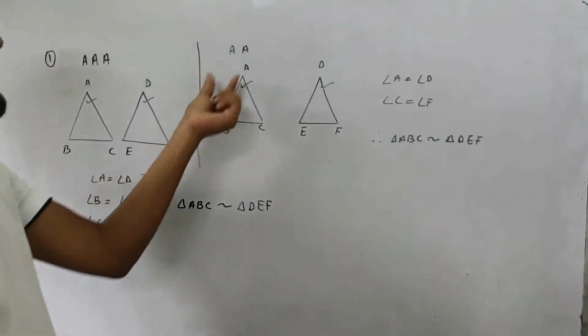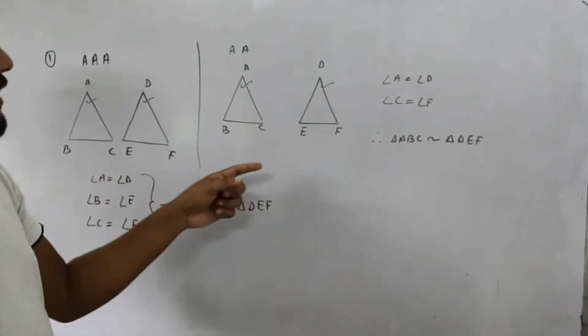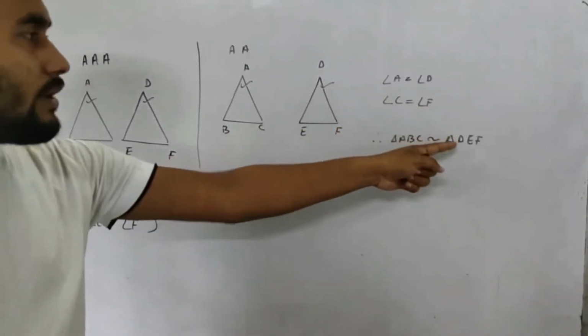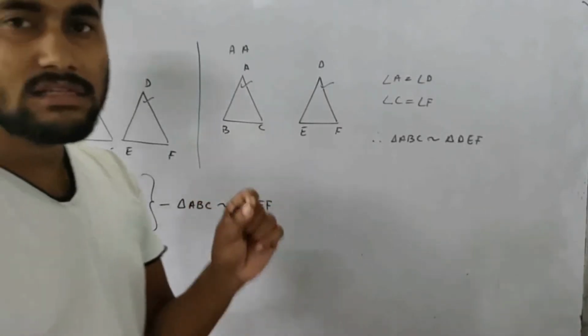This is the angle property. How does this come true? By the angle sum property. If two corresponding angles are equal, then the third one will anyhow be equal by the angle sum property.